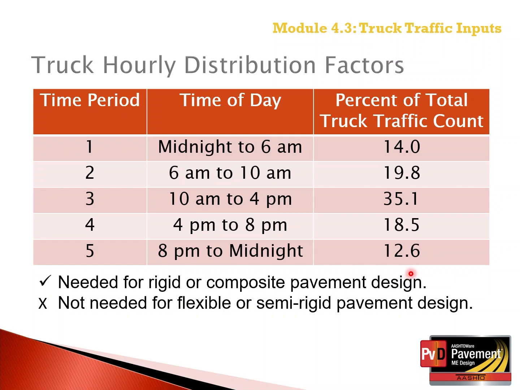Remember, the hourly truck volume distribution factors are used to determine the number of trucks operating during the time of day to calculate the tensile stresses in the top and bottom of the concrete slab. The hourly volume distribution factors are usually determined from vehicle classification data collected over time.